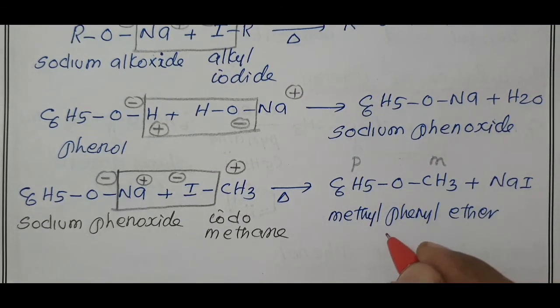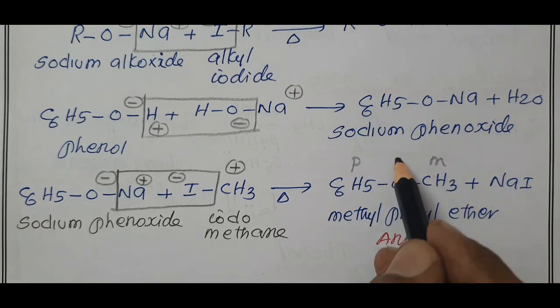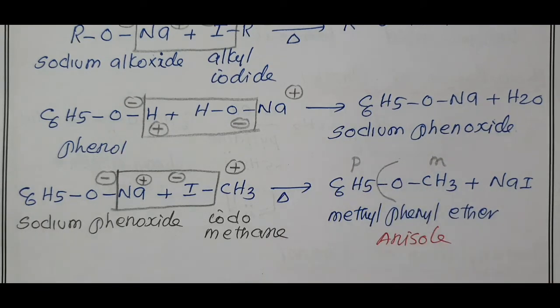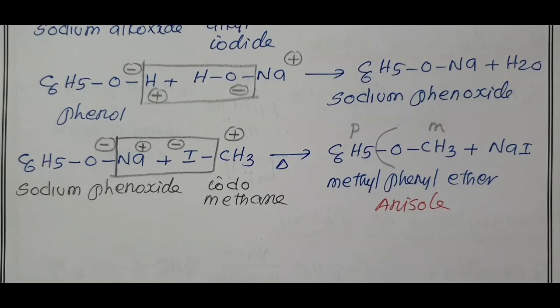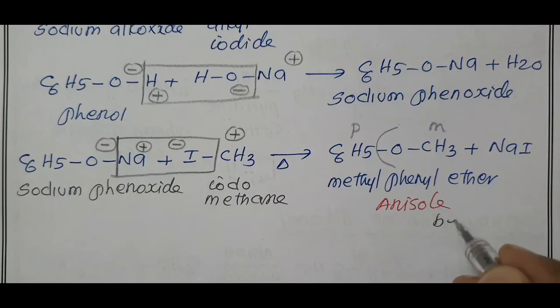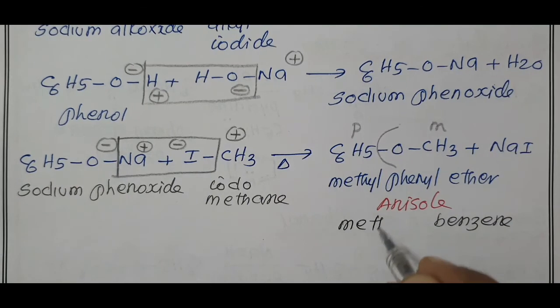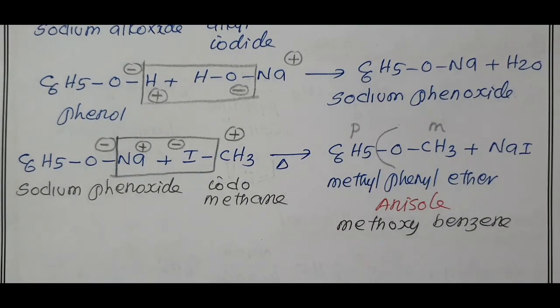Anisole is used in perfumery. And the IUPAC name: we have to add the oxygen atom to the alkyl group containing the lesser number of carbons for giving the IUPAC name. So the parent hydrocarbon is benzene, to which methoxy is attached. The IUPAC name of anisole is methoxybenzene.